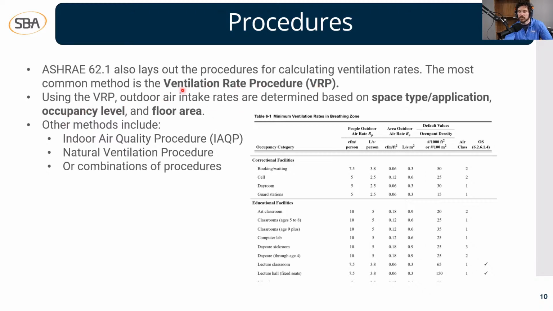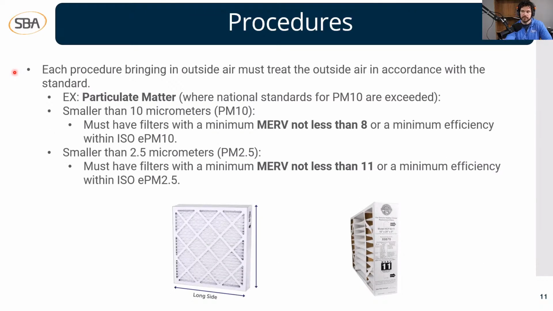Our indoor air quality procedure, or our IAQP, is used when energy is a big concern, and natural ventilation procedure is great for certain climates and building types, like atriums or open air campuses. Now, each procedure does need to make sure that they treat the outside air in accordance with the standard.